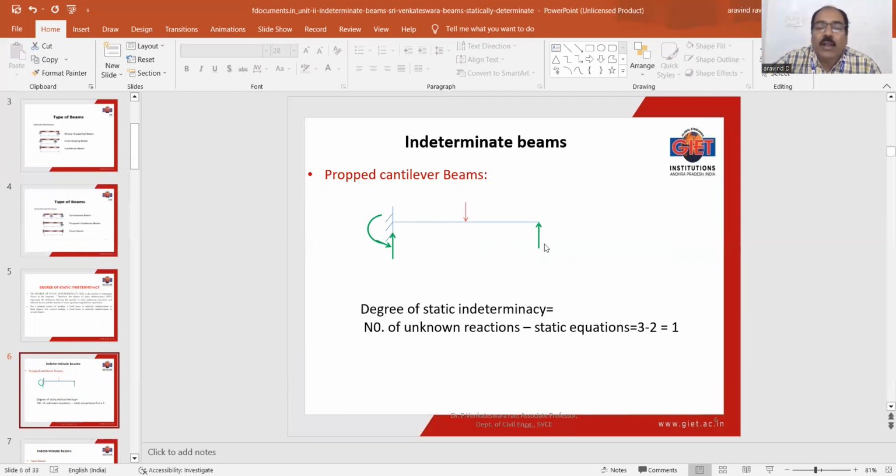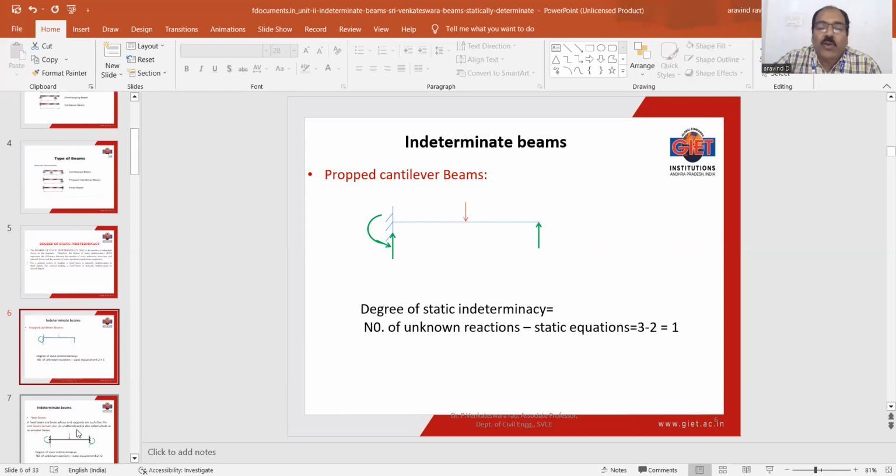Therefore, the total number of unknown reactions is 3, eliminating the horizontal reaction. Out of the 3 simple equilibrium equations, if you remove the horizontal reaction, then the number of equations available is 2. Therefore, 3 minus 2 is equal to 1. Therefore, the degree of static indeterminacy of a propped cantilever beam is equal to 1.